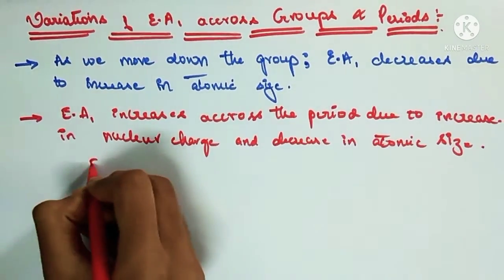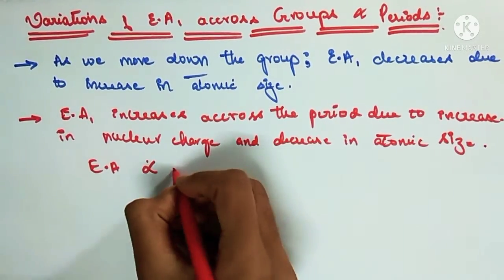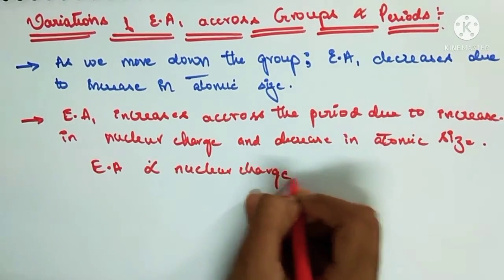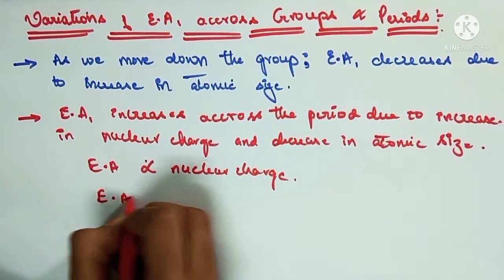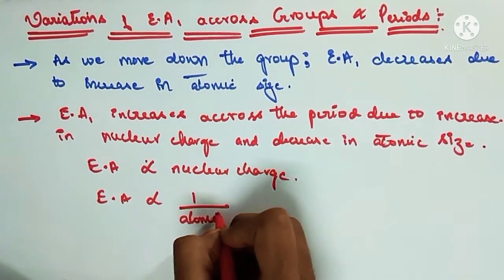So we can say that electronic affinity is directly proportional to nuclear charge, and electronic affinity is inversely proportional to atomic size.